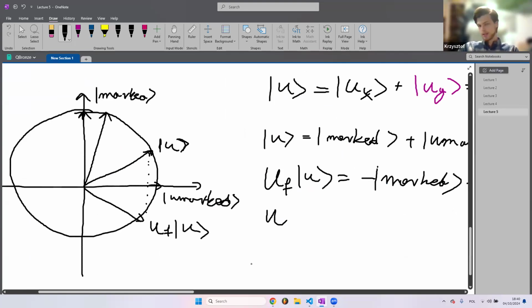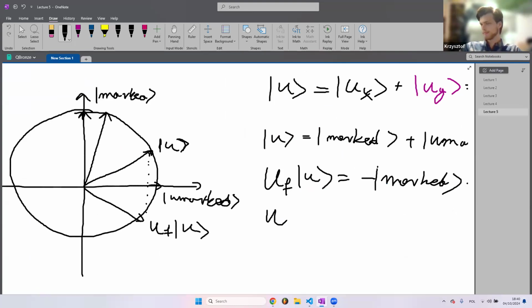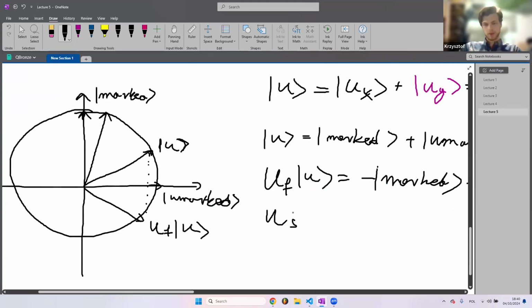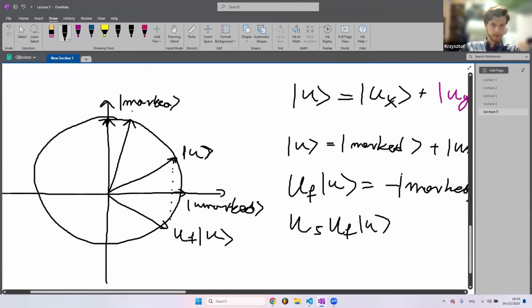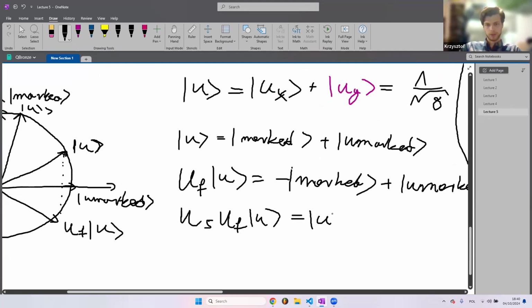So let's call this US, for example. Doesn't matter. So US applied to this state gave us the state here, which we'll call U prime, for example.